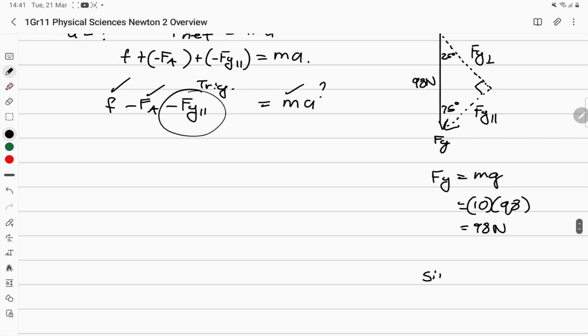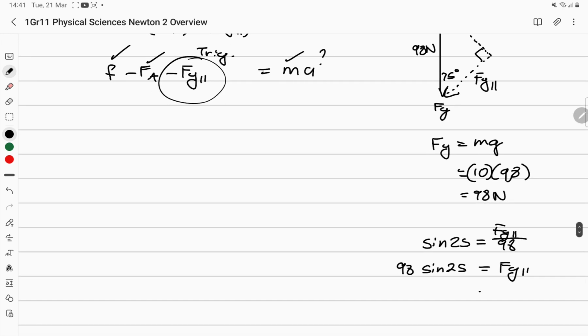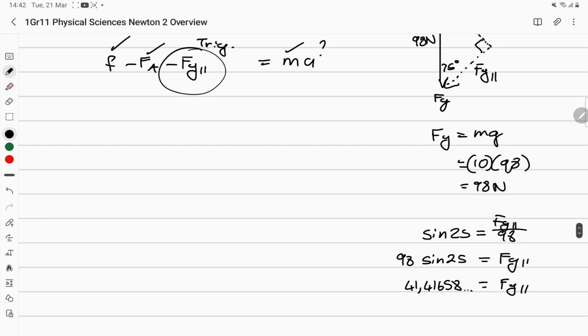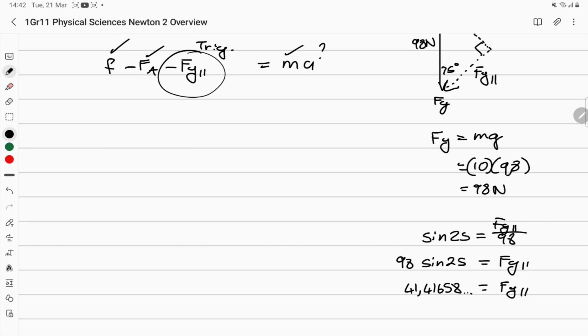So sine of 25 is equal to FG parallel over 98. So it's 98 sine of 25 is FG parallel. We can work this out and we get a value of 41.41658. Yeah, you can just put it in your memory, or just don't round off midway through a thing.